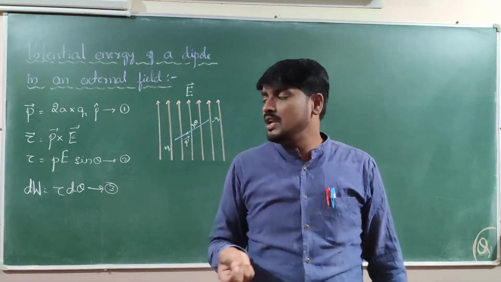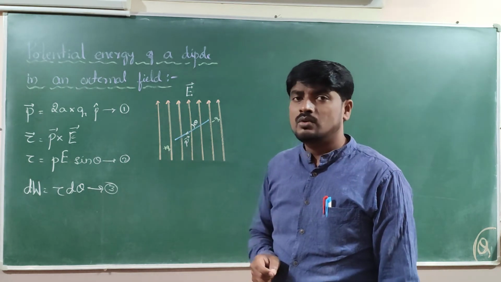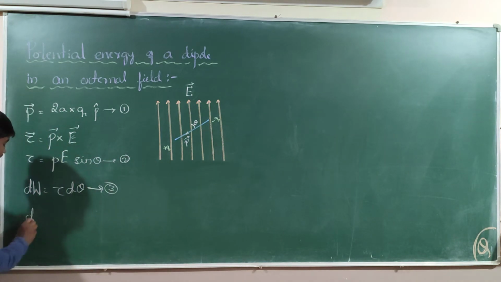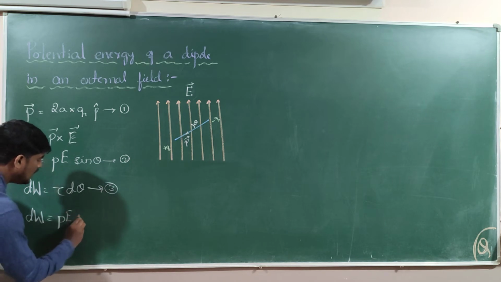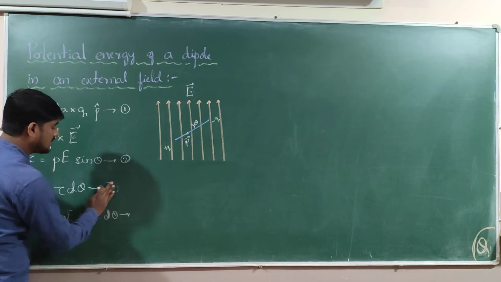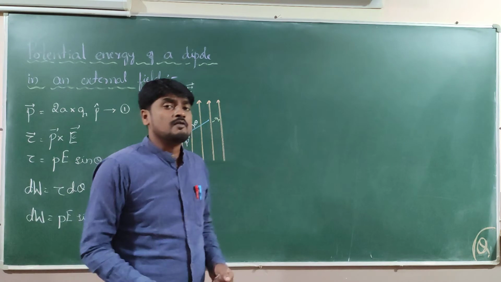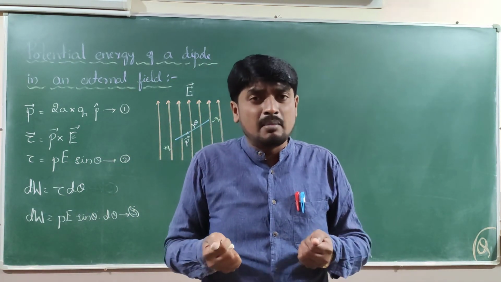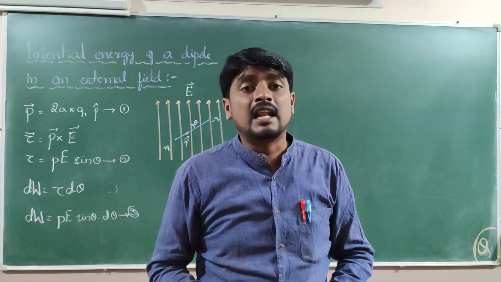So now we have arrived at the small work done equation, that is dW is equal to tau into d theta. If I rearrange this term, then I get dW is equal to pE sin theta, that is, p into E into sin theta into d theta. Now I want to calculate the total potential energy stored or acquired by the dipole when it is placed in an external electric field.